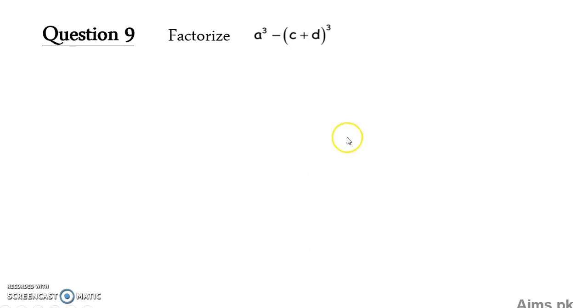Let's solve another question. a cube minus c plus d whole cube. Now see, this is your first term and this complete is your second term. So you don't need to get confused, because you don't take it as 2 terms.